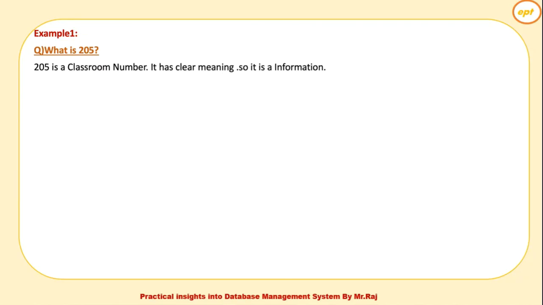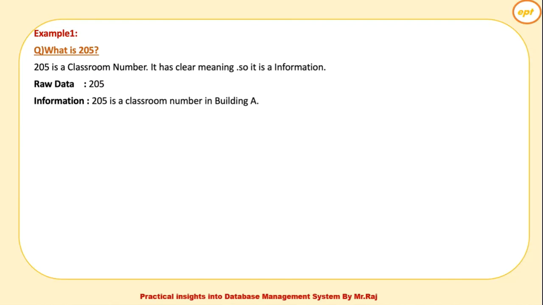If I say 205 is a classroom number, then it has a clear meaning, so you can call it information. Initially, when I was just saying the integer number, that was raw data. Now I am adding the meaning: 205 is a classroom number in building A. It has a clear meaning, right?